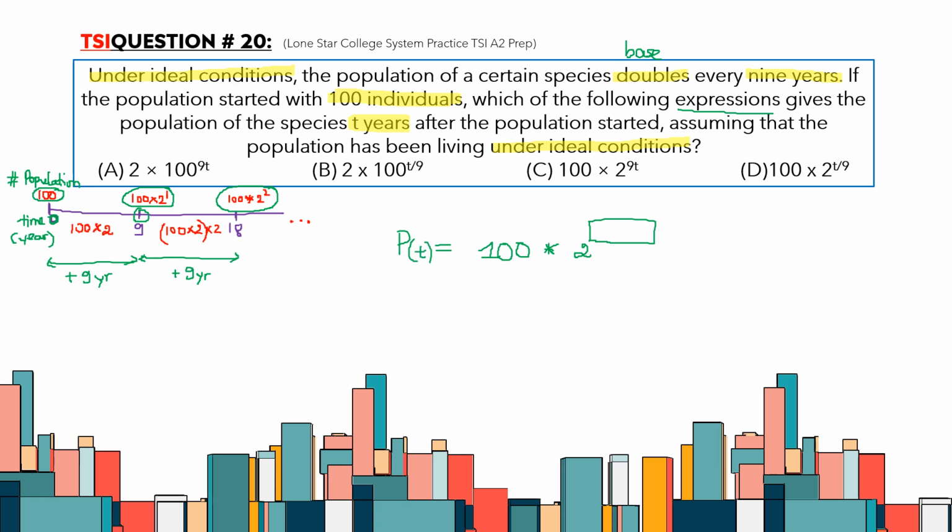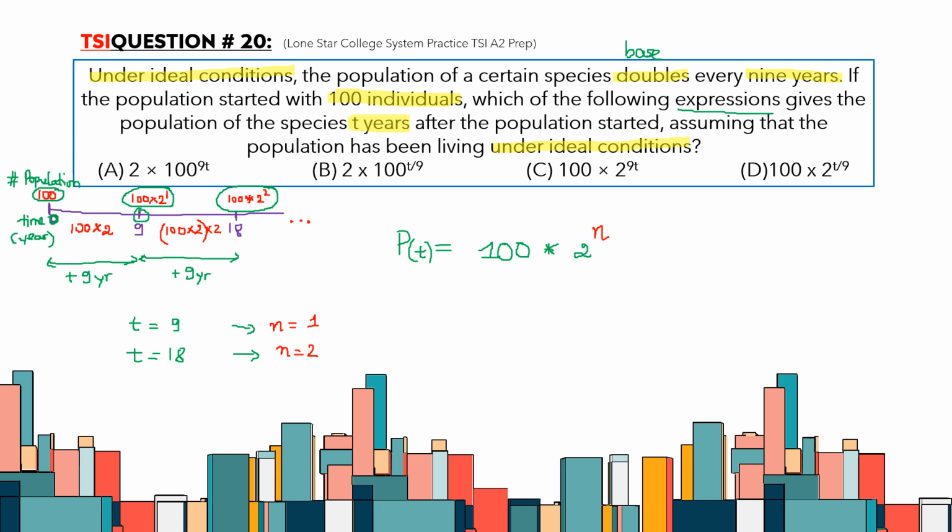We say the population is a function P of t. T means time, P means population at that point. So now we see if t equals 9, then let's say here is n. Let's say we want to find n right here. So n equals 1 when t equals 9. And when t equals 18, we have n equals 2.